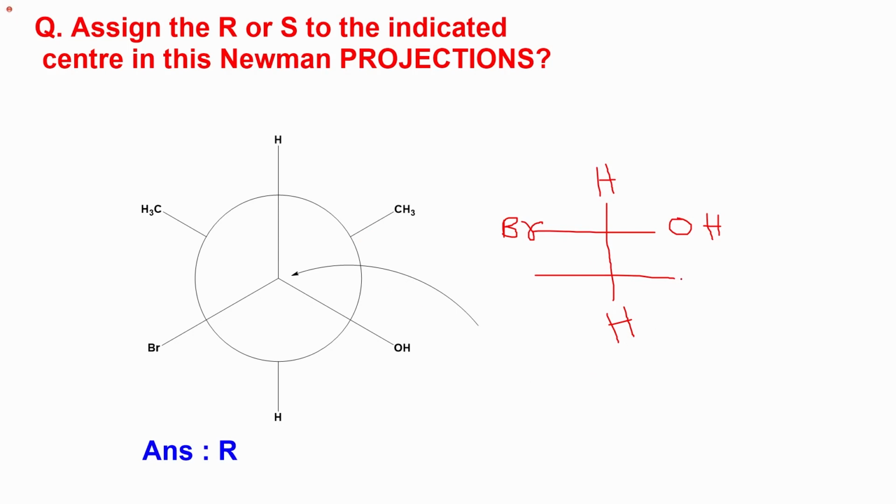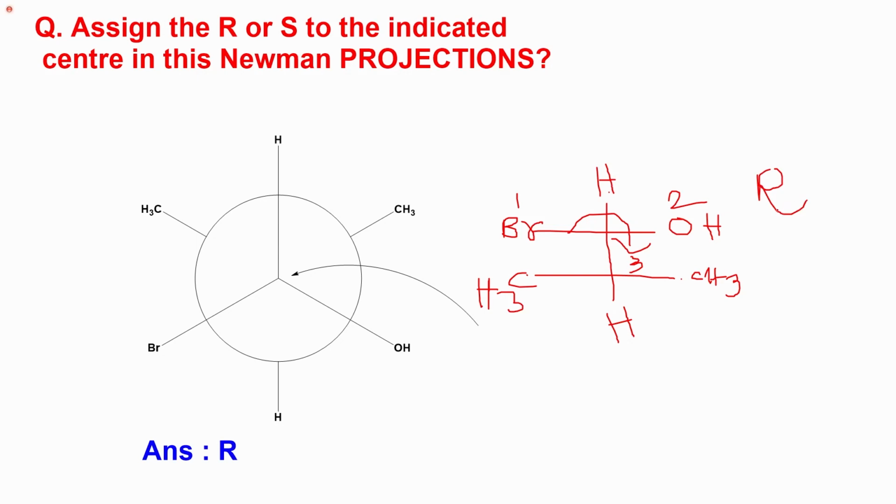Whether you write the CH3 here or here doesn't matter. So let's say CH3 here and here also CH3. Now you can see this is bromine 1, this is OH 2, this is 3, and this is 4. So now 1, 2, 3 is clockwise, that means R.